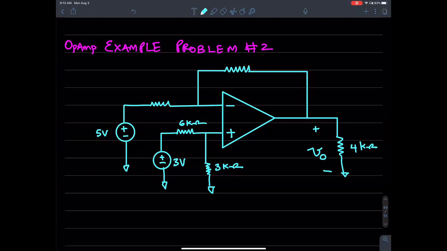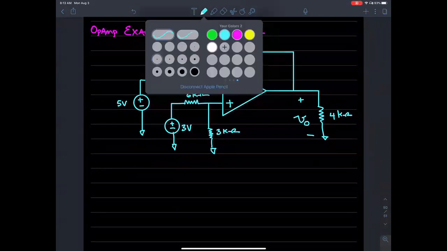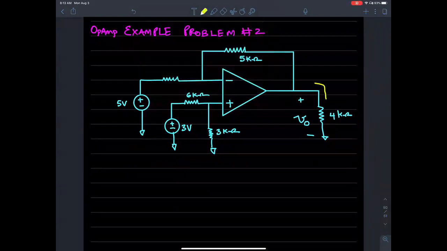The feedback resistance is 5 kilo ohms. So the question is, we are supposed to find the current I flowing through the load resistance. This is called the load resistance, IL. What's the value of IL is the question.